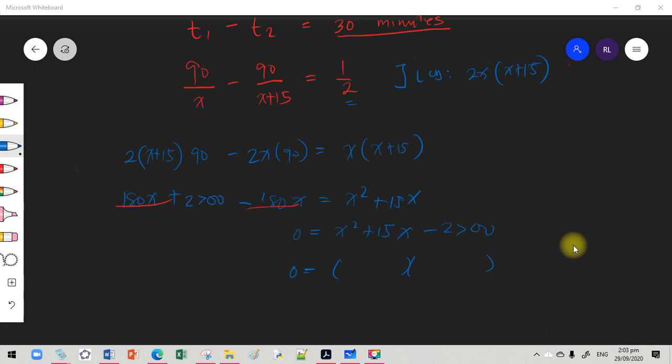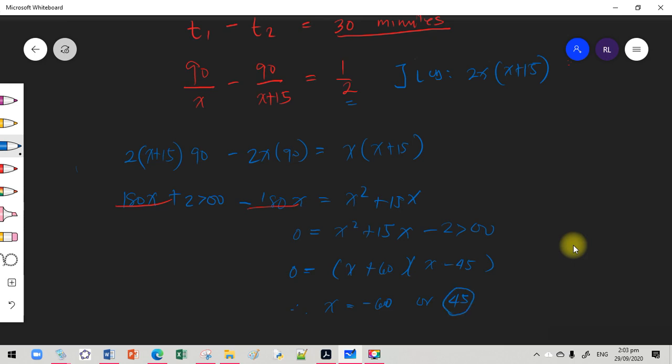This becomes x plus 60, x plus 45. Oh no, x minus 45. X minus 45. Therefore, x equals negative 60 or positive 45. So we are taking 45 as our value for x.